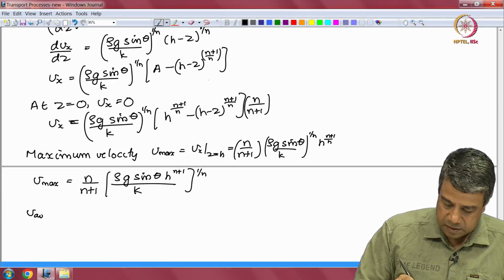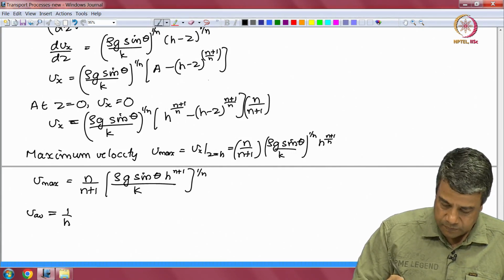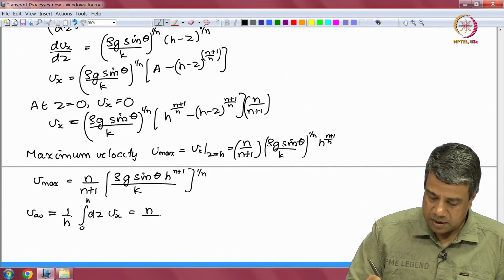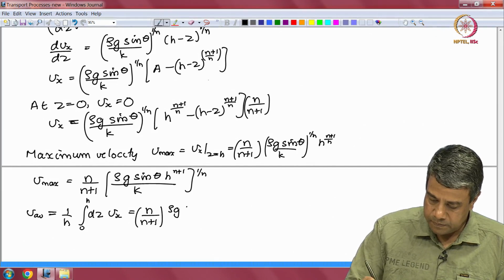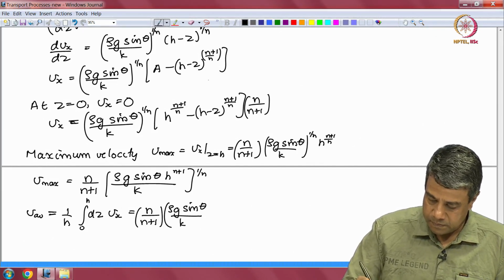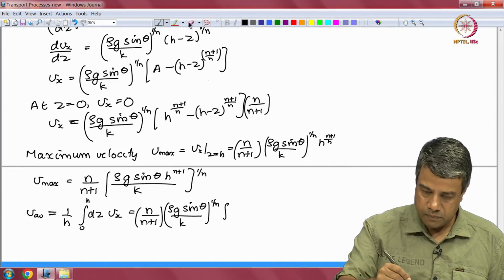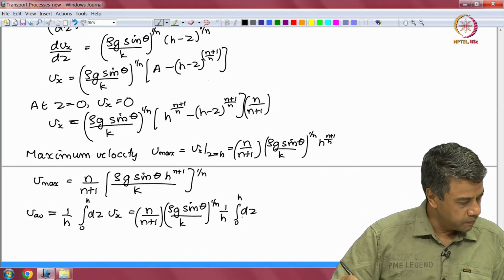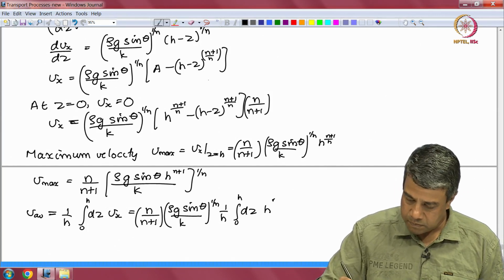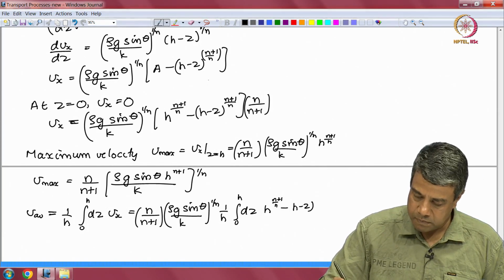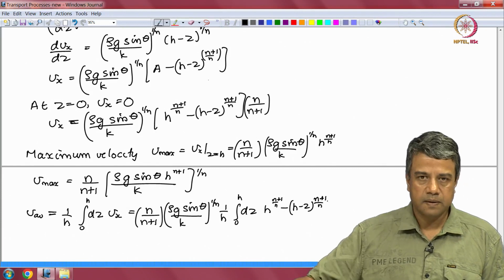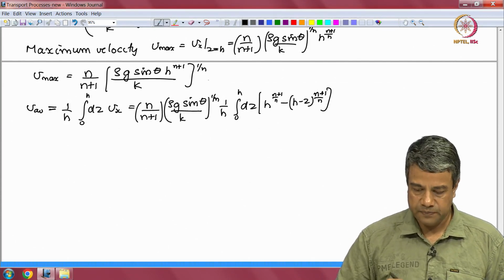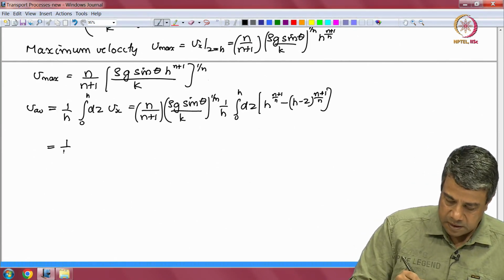What about the average velocity? This is going to be equal to n by n plus 1, 1 over h times the integral dz times Vx. So, I can simplify this.